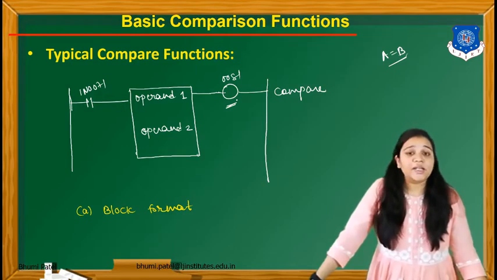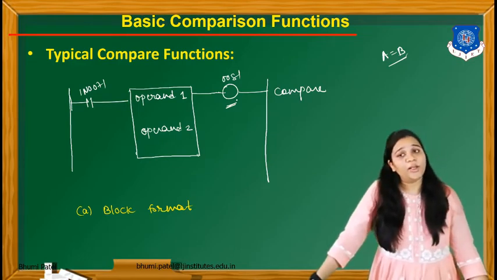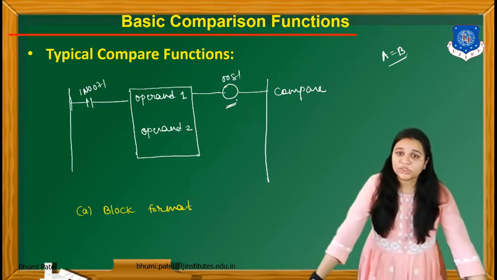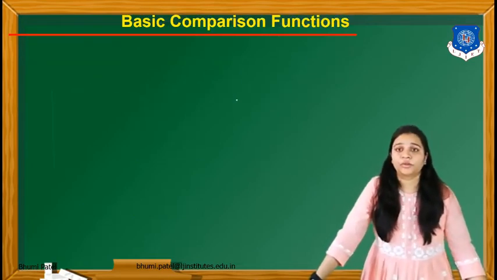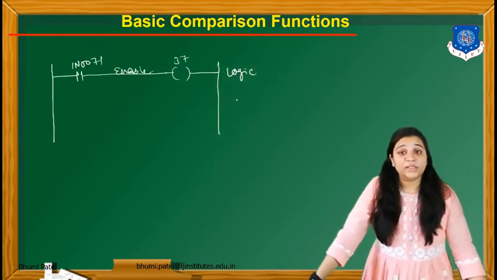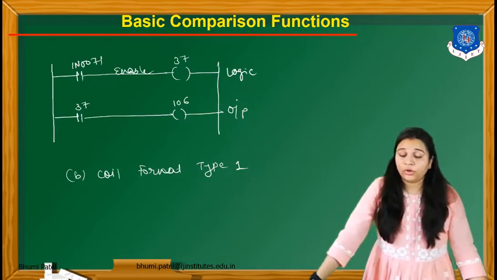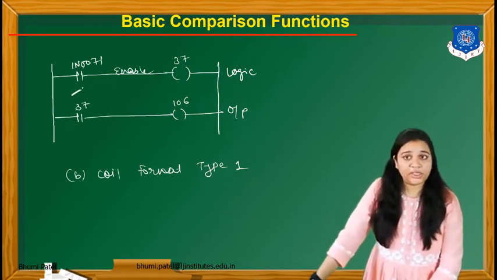So what is the difference between the timer, counter and the compare function? In the compare function, only one input is applicable, and in the block format we have to use the two operands. Now the next format is the coil format. For that we take one enable input.